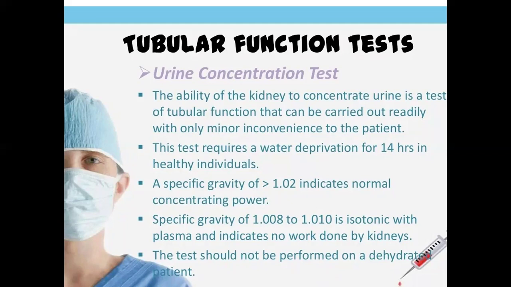A specific gravity of more than 1.020 indicates normal concentrating power. If specific gravity is 1.008 to 1.010, it is isotonic with plasma and indicates no work done by the kidneys. The test should not be performed on a dehydrated patient.